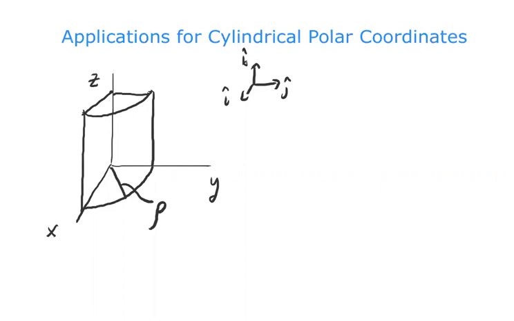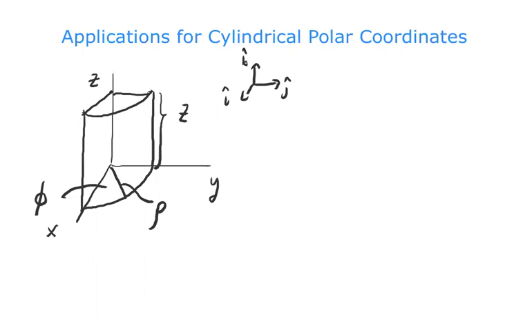This height here is clearly z, and this angle is clearly phi. And now you can see why those three variables, rho, phi, and z, are the natural set of variables you will need to describe a cylinder, hence the name cylindrical polar coordinates.